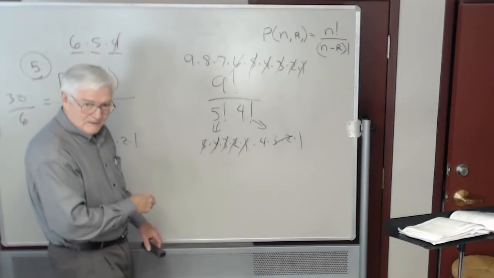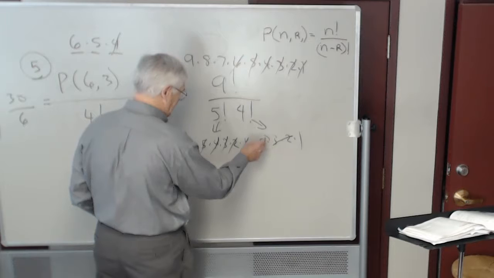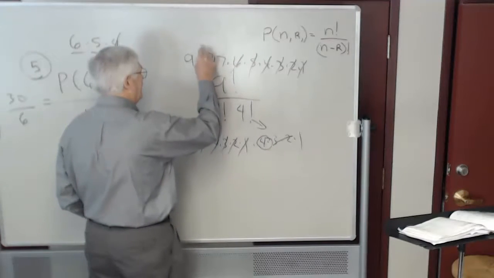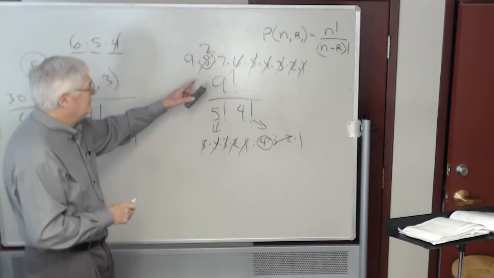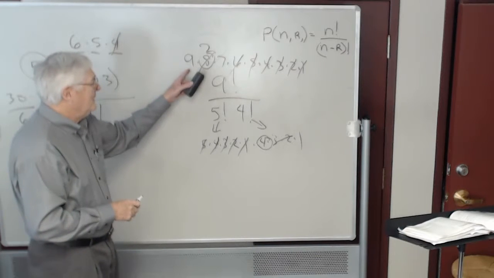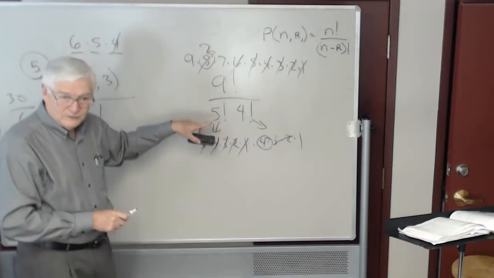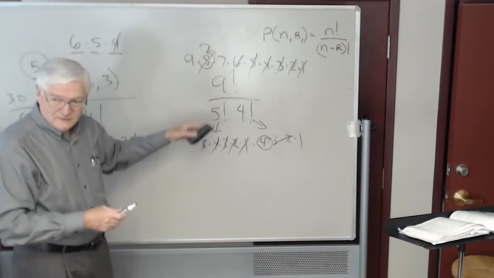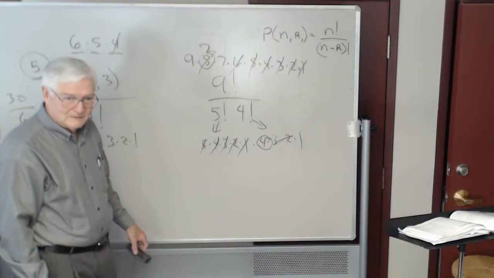And then 4 is half of 8, so that becomes 2. So now the answer is 7 times 9, 63, times 2, 126.